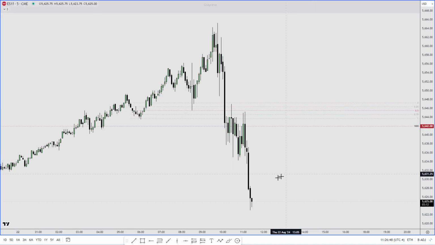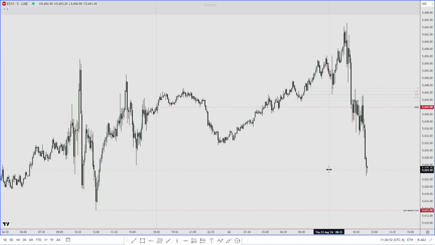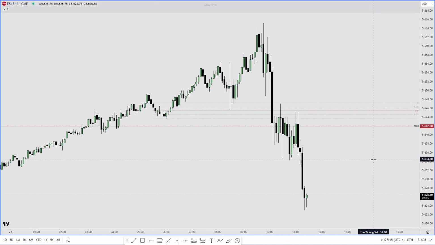Alright, on the 5 minutes we have a fair value gap. This right here was utilized before. We have yet to close below, so there is still a chance for price to want to seek into this fair value gap.